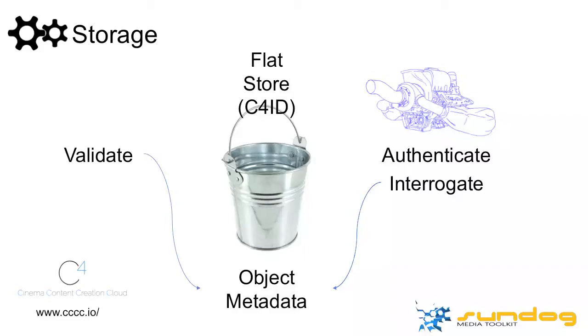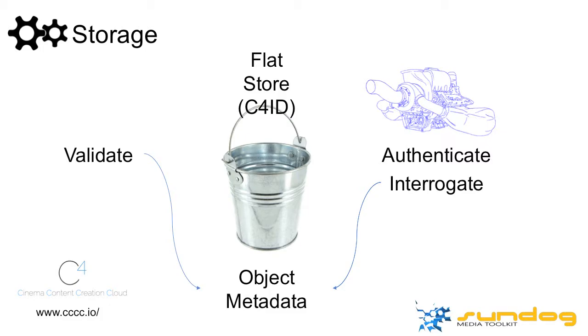The way we do it is we have a completely flat store when we're versioning, and we use something called C4ID. Hands up, anyone who knows C4ID? A few of you. Okay, so C4ID, again, I thoroughly recommend you go and have a look at it. It's at that little web link at the bottom, cccc.io.